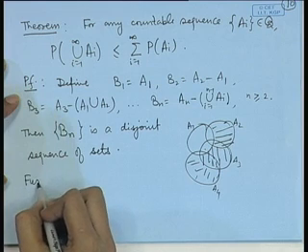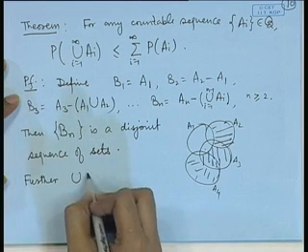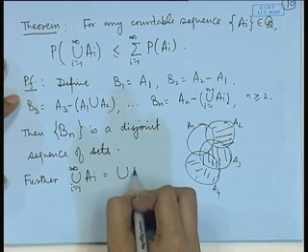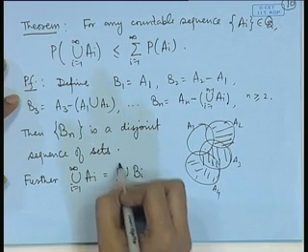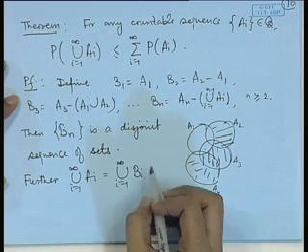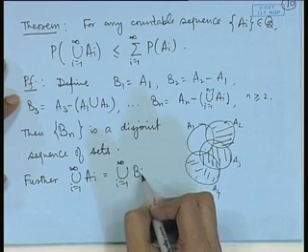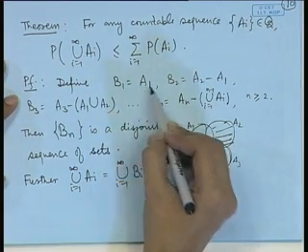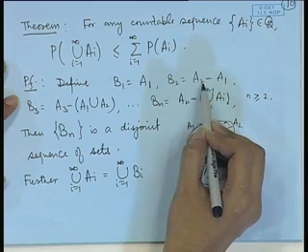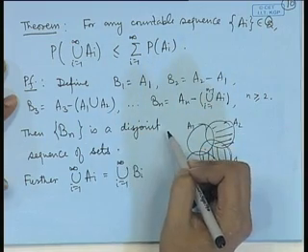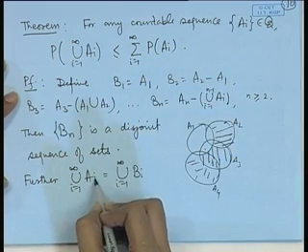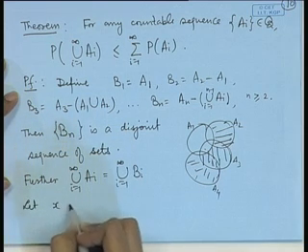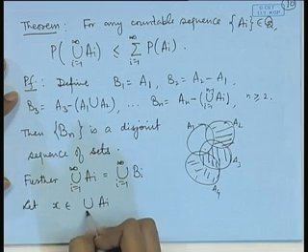Further, union of A_i, i is equal to 1 to infinity, is equal to union of B_i, i is equal to 1 to infinity. To prove this, let us observe that union of B_i is already a subset of union A_i, because each of the B_i's is a subset of the corresponding A_i's. Now for any point of union A_i, let us consider, say, x belonging to union of A_i.